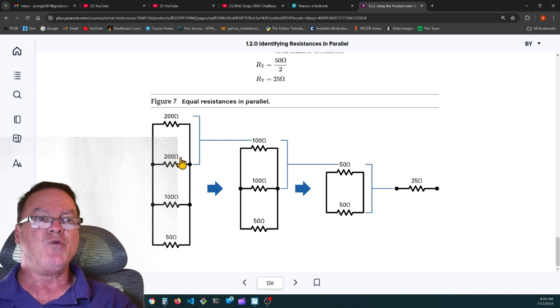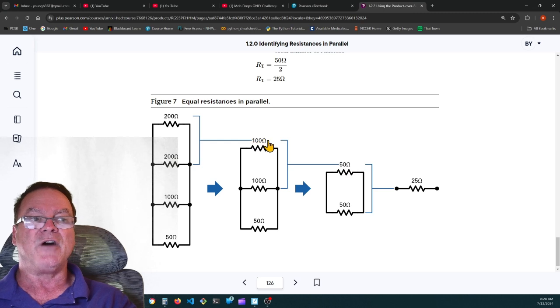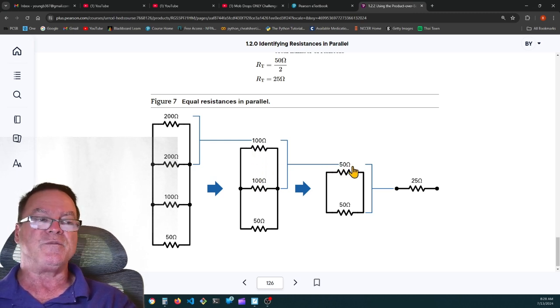They have two 200 ohm resistors, a 100 ohm resistor, and a 50 ohm resistor, and they're asking us what is the total resistance? Well, the two 200 ohm resistors are equivalent to a 100 ohm resistor. So now we have two 100 ohm resistors in parallel, and the equivalent of those two is 50 ohms. Now we're left with two 50 ohm resistors in parallel, and the total is 25 ohms.